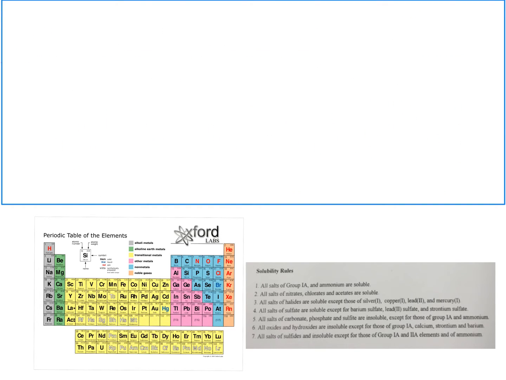Problem 7 says that we start with beryllium iodide solution. So that means that we start with, if I can write, Be plus 2 and 2 I minuses, plus copper 1 sulfate.